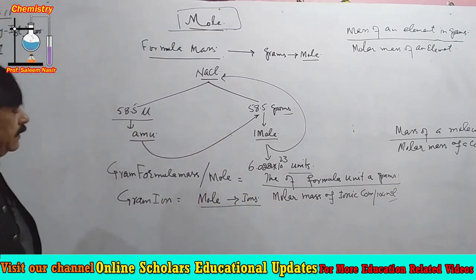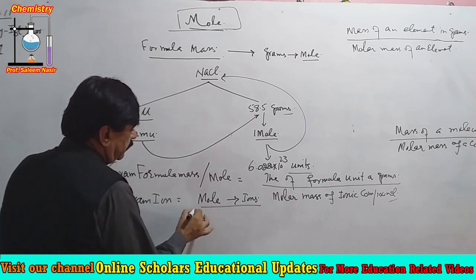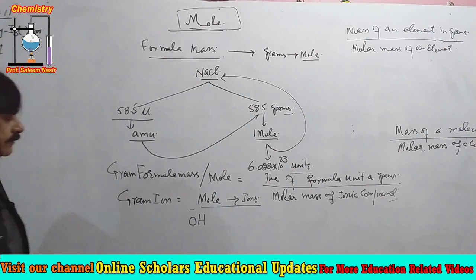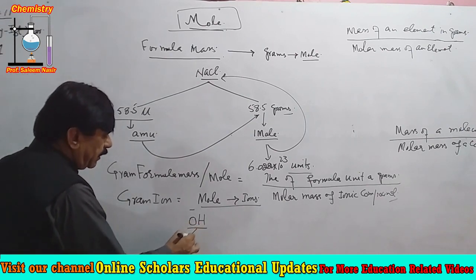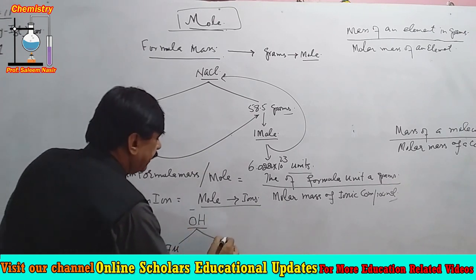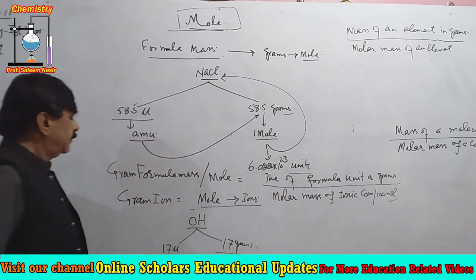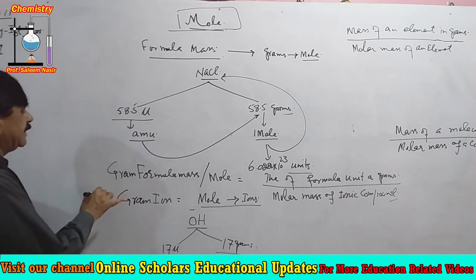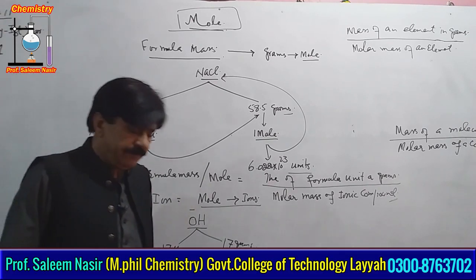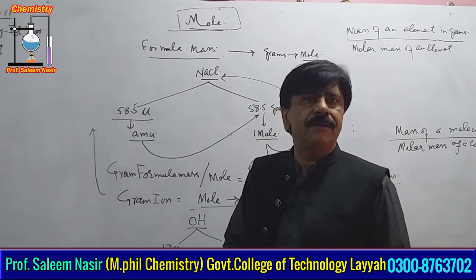Here we take the example of the OH, hydroxyl ion, that is 17 nu and 17 grams. Consequently, we can say that when the mass of an ion is expressed in grams, then it is called the mole.